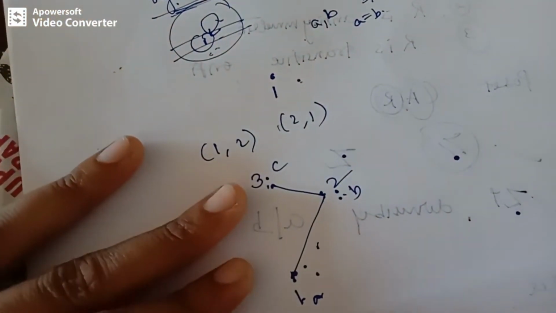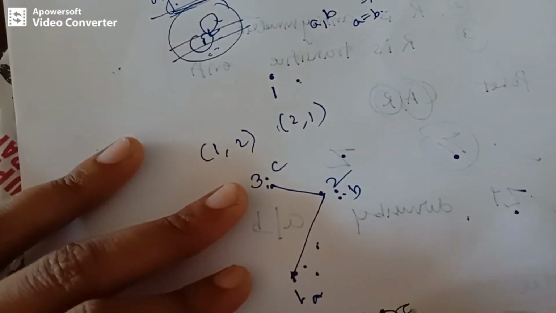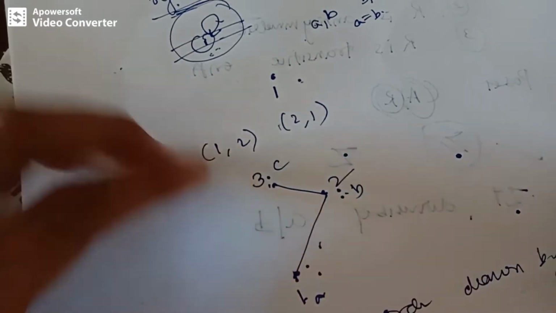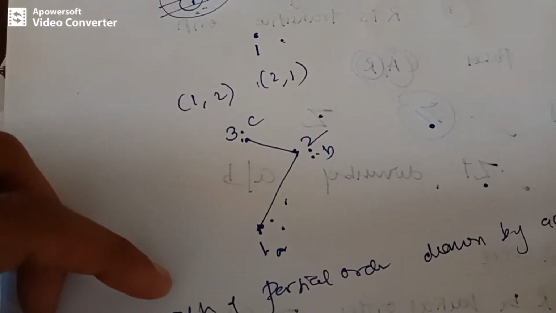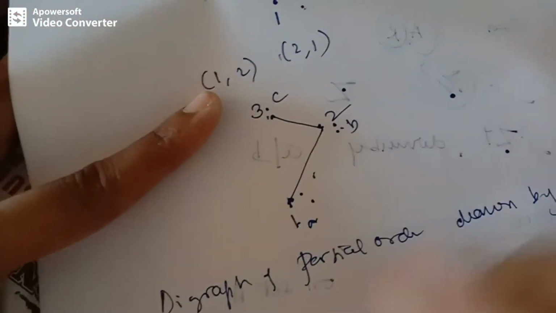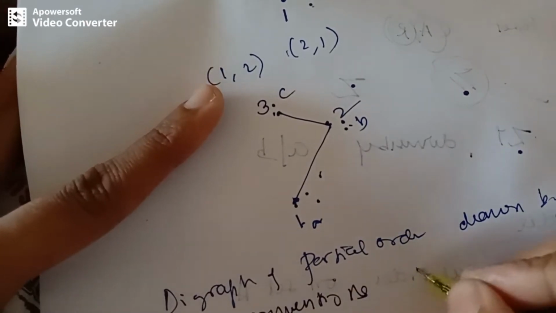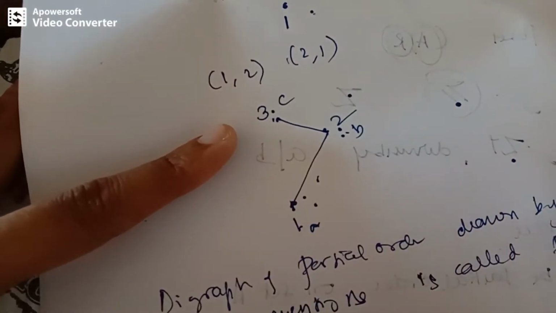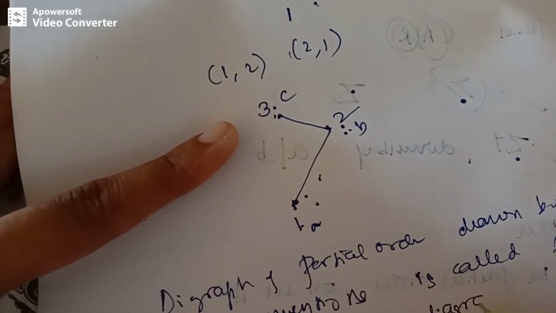The diagram of a partial order drawn by adopting these conventions is called a poset diagram, or a Hasse diagram.